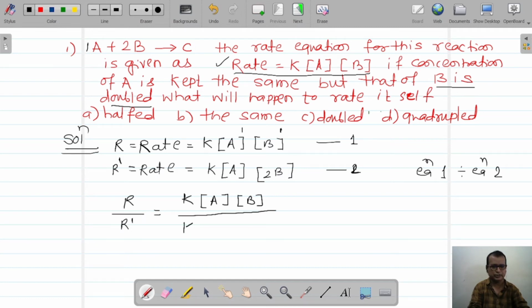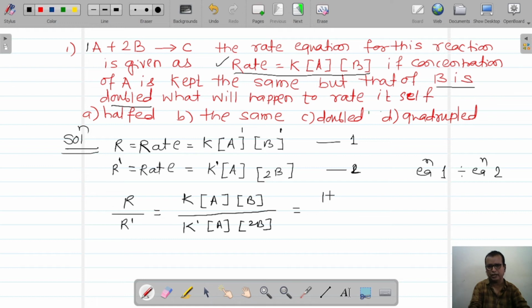K dash is the rate constant for R dash. This is concentration of A, concentration of 2B. Concentration of B gets doubled. It means K dash into A into 2 into B.